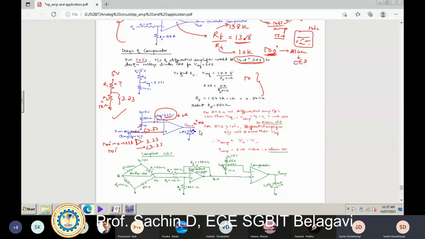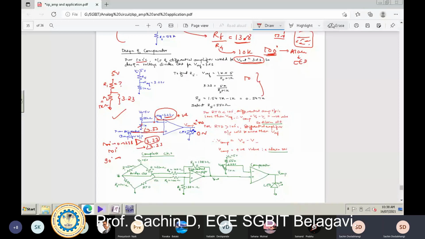Suppose I take less than 100 degrees centigrade, for example 90 degrees centigrade. For 90 degrees centigrade, the output of the differential amplifier will be less than 3.23.